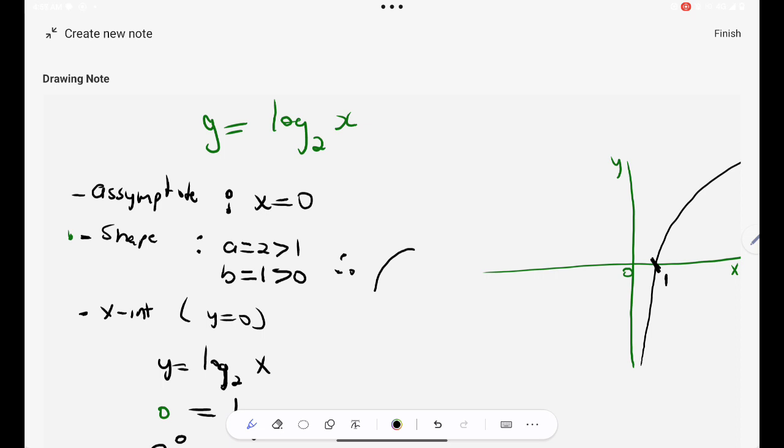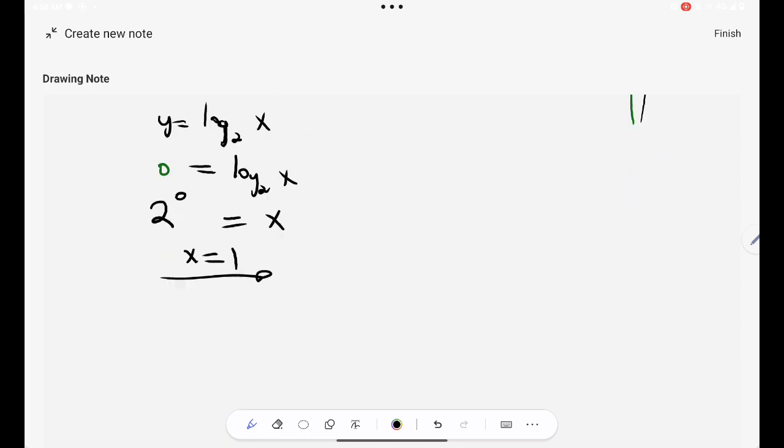You can choose any x value. Are we together? I choose 2. If I substitute 2 whenever I see x, the corresponding y value will be 1. When you punch your calculator, by substituting 2, you'll get 1. Are we together?